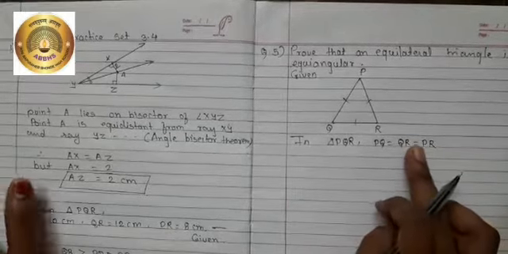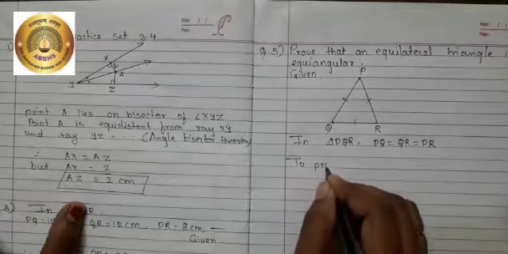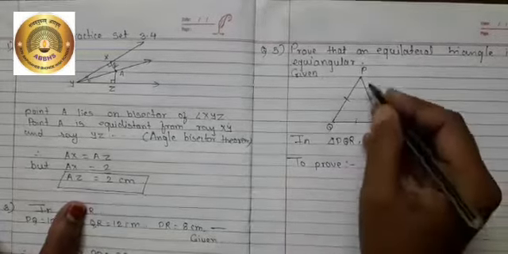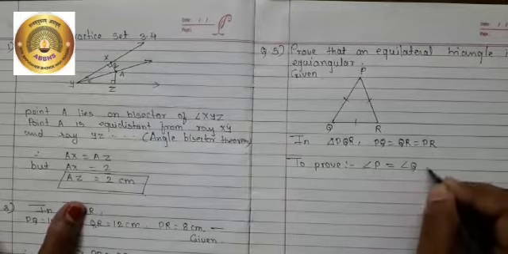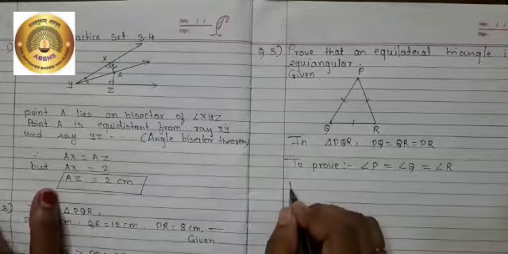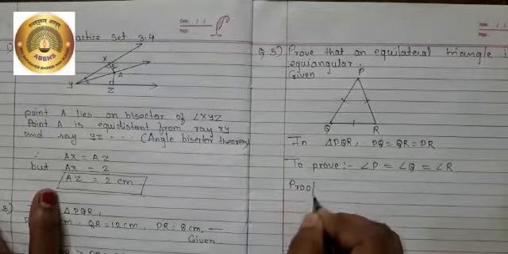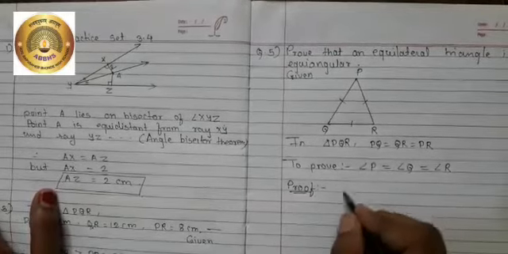So this is our given. What to prove? To prove, we have to prove that angle P equal to angle Q equal to angle R. Now how to prove? For that we'll write proof. Now let's start. This is our main part of the theorem.